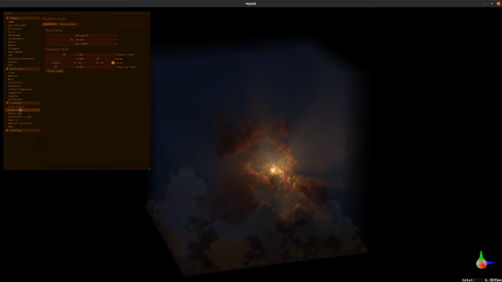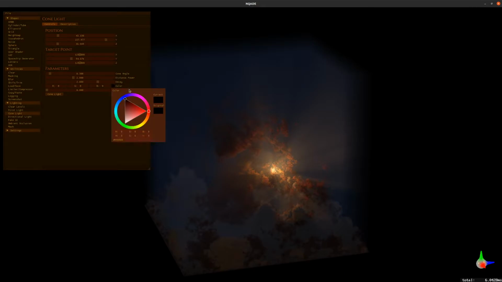So that's point lights. Cone lights, I changed the interface on this one yesterday because I think it's better. So it's in terms of a position and a target point now. So if I figure out on the Trident where I want to be high on the Y and then low on X and also low on Z. Okay, and I'm pointing at the center, actually a little bit below the center.